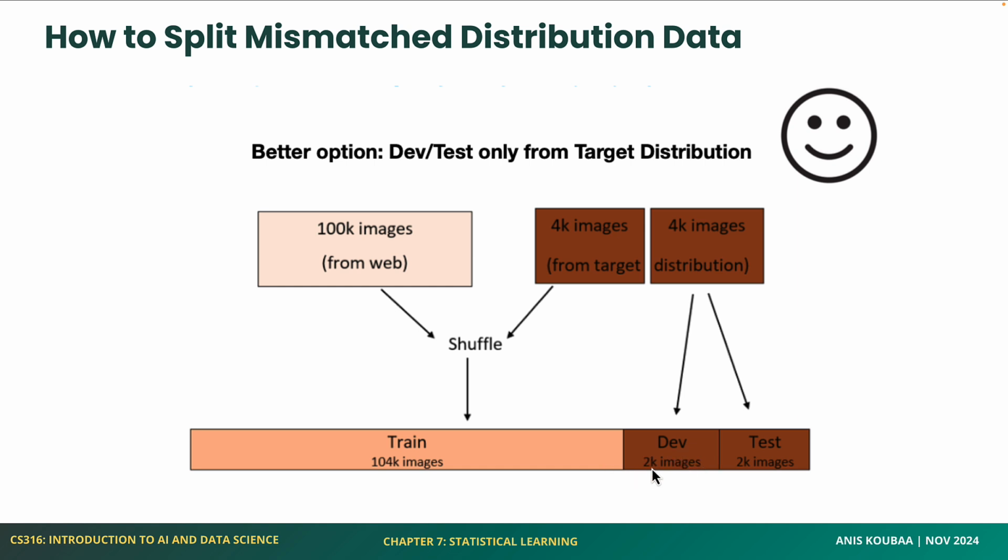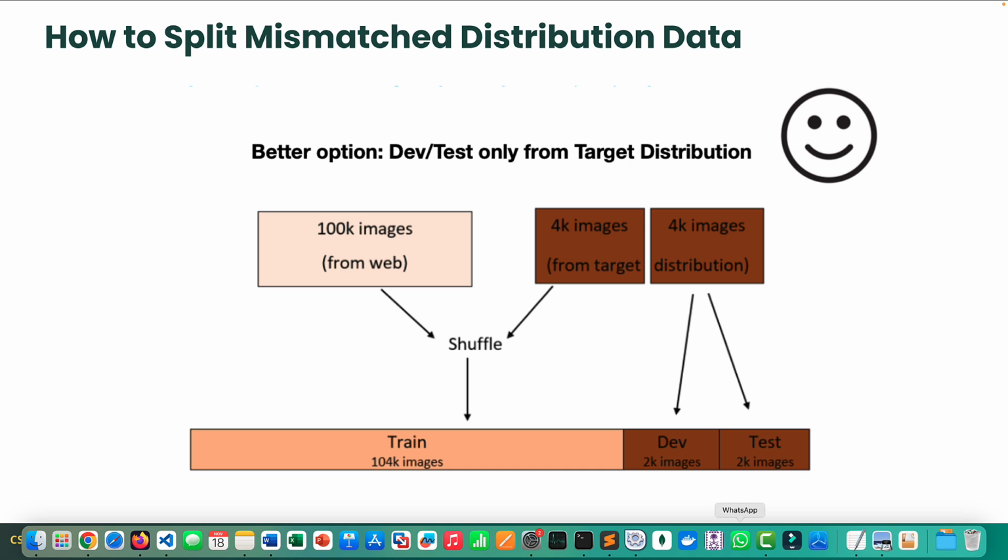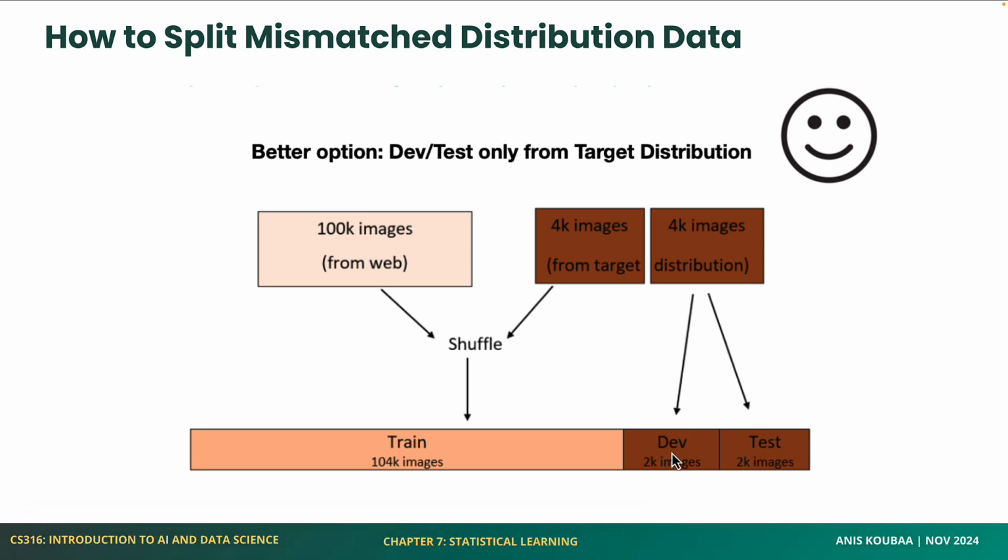If you want to make only 1,000 images in dev and 1,000 images in test, you can add 2K here in training. That's also possible. But of course, if you reduce the number of images in the development and the testing, maybe you will not test all the possible situations. I don't say that this is wrong. We don't have an explicit problem. Depending on the type of problem, in some of the cases we took only 200 images for the dev and 200 images for the test, if I consider that this is sufficient.